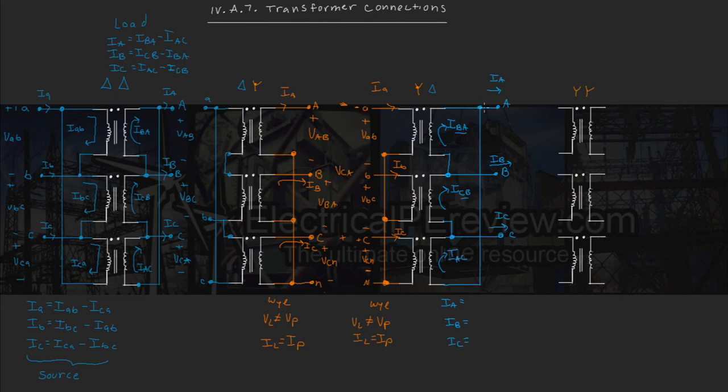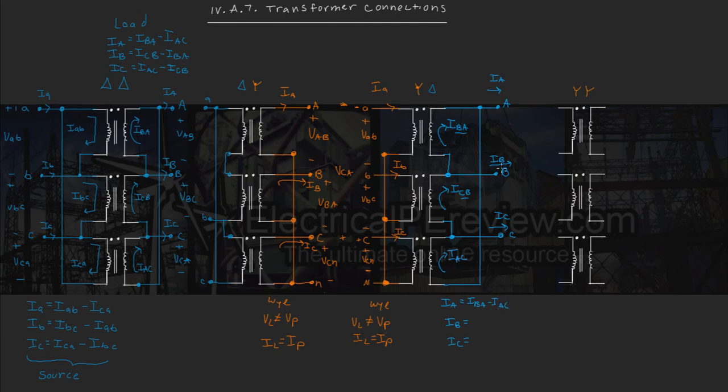So our line current A for a load is going to equal phase current IBA entering the load minus phase current CA leaving the node. So IA is going to equal IBA minus IAC.